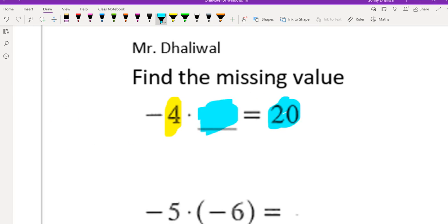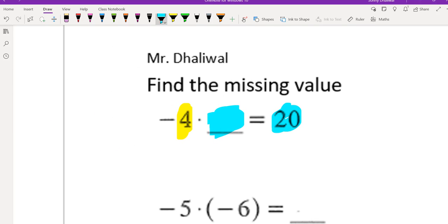So first step, focus on what the number should be. 4 times something equals 20. What's that something? 4 times what? Ariana? 5. Then it would be -5. Okay, good. That's the second part. So first focus on the number, next focus on if it's positive or negative. And Ariana saw it right away: hey, this is a positive number.